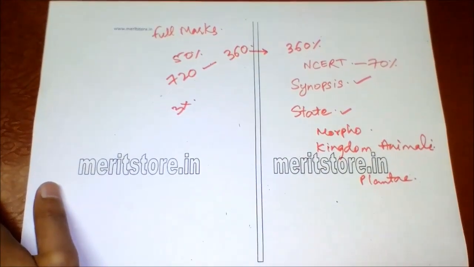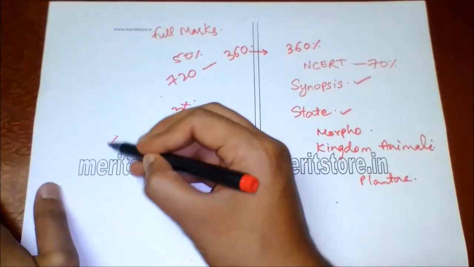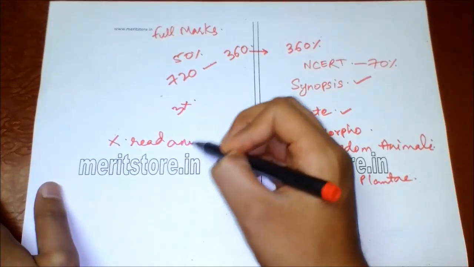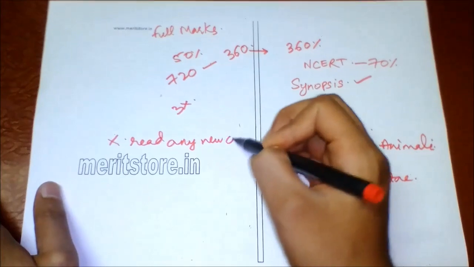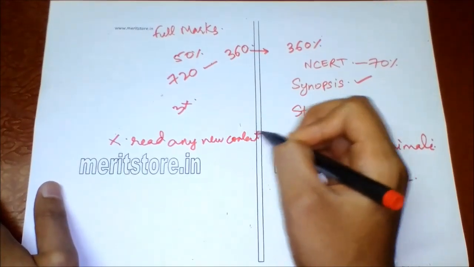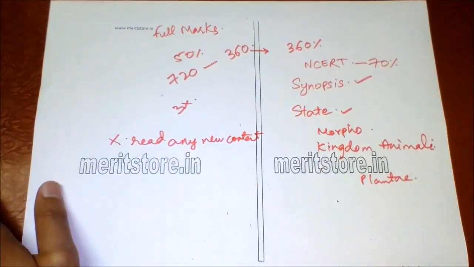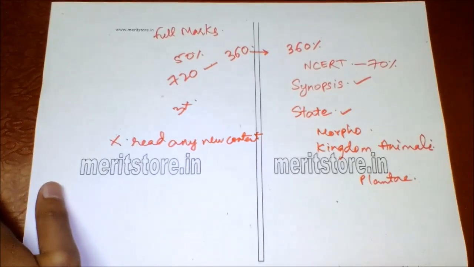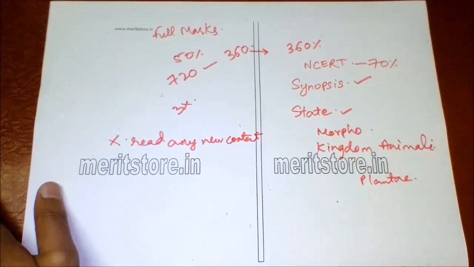The important point is you should not read any new content 3 days before the examination. Whatever you have done earlier in the year, revise everything thoroughly. You don't have to look into any new part.